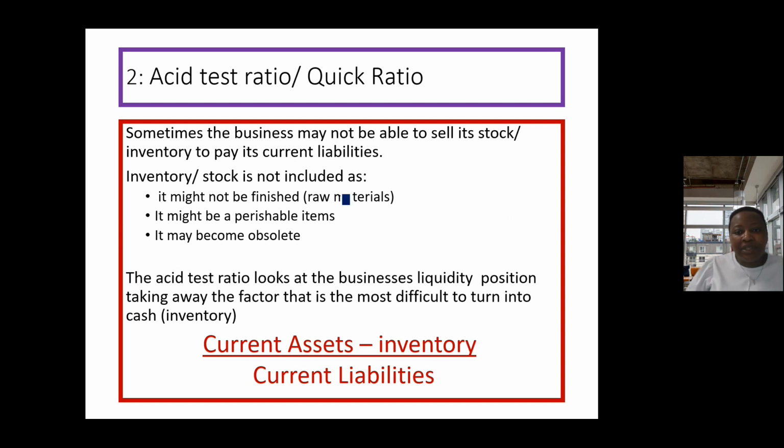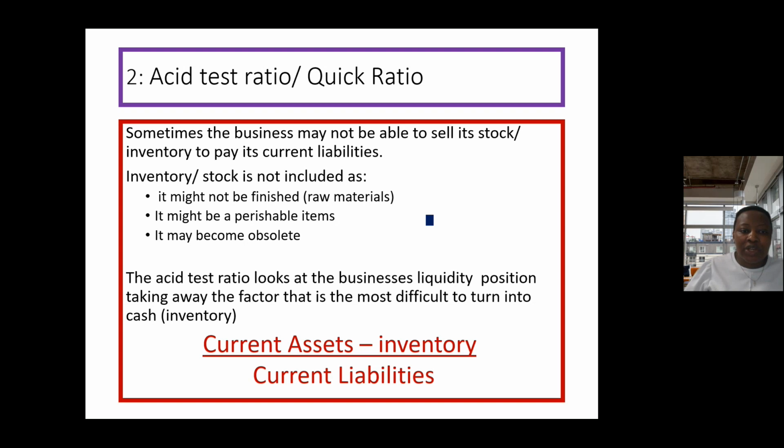Sometimes we'll find that a business might not be able to quickly sell their stock so that they can pay up their current liabilities that are due now. There could be a number of reasons why they are not quickly able to sell off that stock.